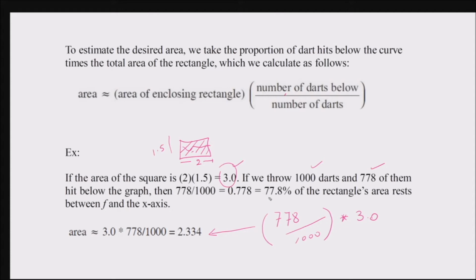So that is 77.8%. So that means if you throw 100 dots, 77.8 will fall below the graph per 100. So that's what it says here, right? So percentage is always out of 100.